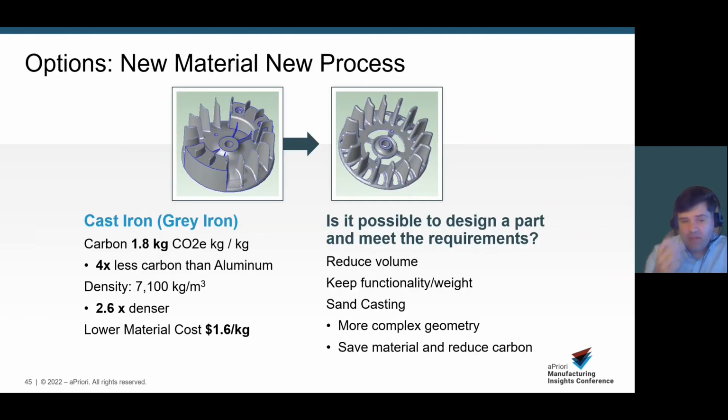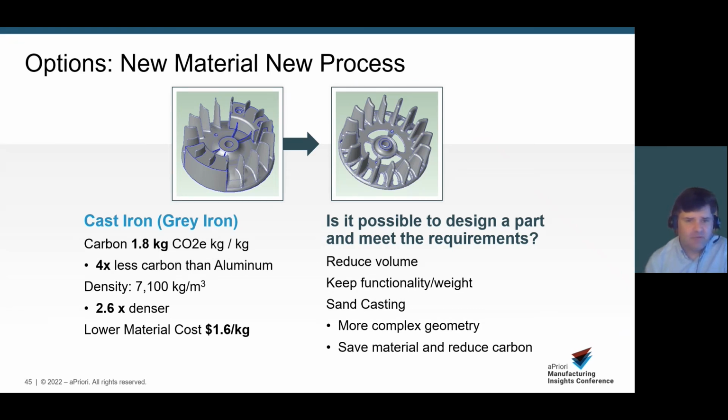So, I really like looking at cast iron because it has 4 times less carbon than aluminum. It's 2.6% more dense, and it has a lower cost to manufacture. But I can't make those weight requirements with the current design. So, are there things I can do in the design to take weight out of this product and still meet the requirements?